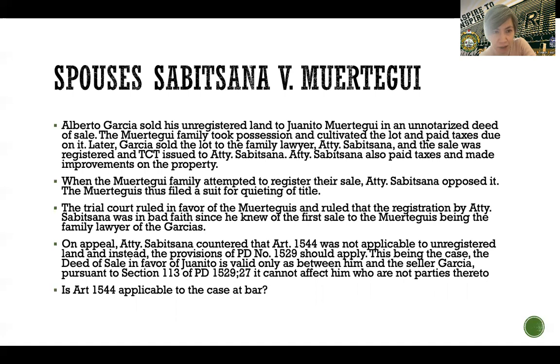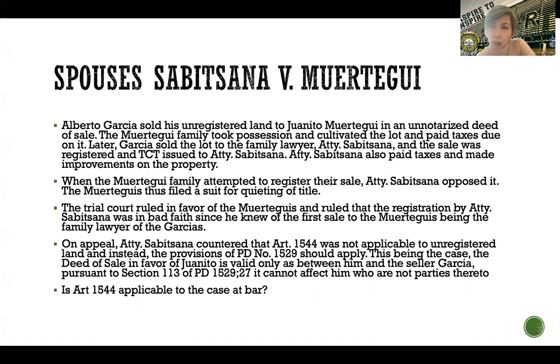They paid the taxes on the lot. Okay, but the seller, Garcia, sold the lot to the family lawyer, Attorney Sabitsana. And the sale was registered and TCT was issued to Attorney Sabitsana. So Attorney also paid taxes and made improvements on the property.